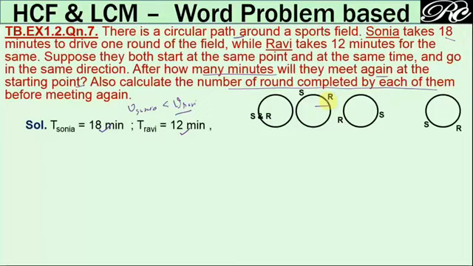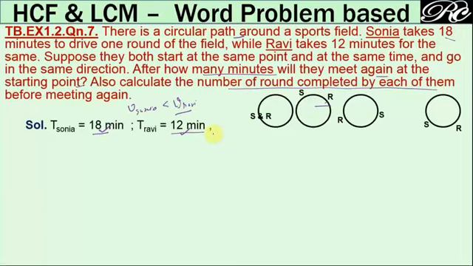If Ravi, R, and Sonia, represented by S, have reached here, then after some time Ravi will move faster and come behind Sonia. So by taking more rounds, Ravi is able to catch Sonia. So the time required is higher than the time of each individual.